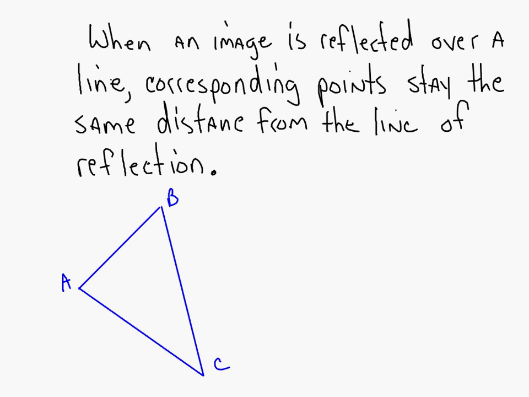Each of these vertices have coordinates. And you're asked to reflect it over a line. Whether the line's horizontal, vertical, angled, it doesn't matter.